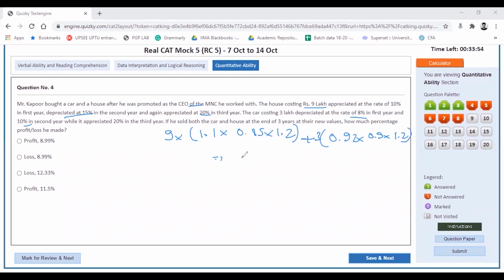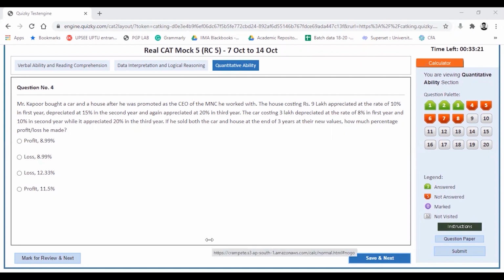Let me obtain the final values here. I'll also prefer using the calculator. Anyways, the expression was clear. Let me simply multiply 1.1 times 0.85 times 1.2.